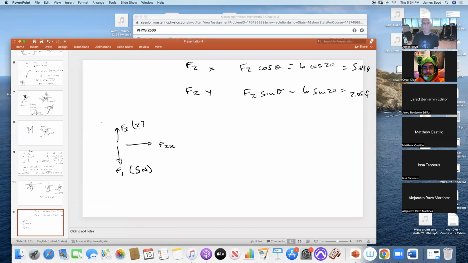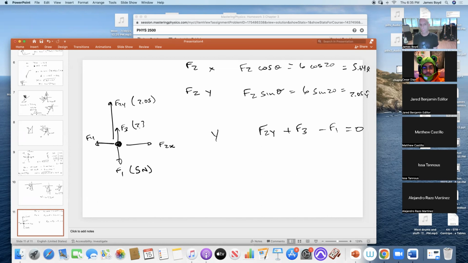F2 in the X points that way, and F2 in the Y points that way, and F2 in the Y was 2.05. And then we have F4. Now, in the Y direction, we have F2Y plus F3. These two vectors are positive because they point up. F1 is negative because it points down, and we're assuming that this thing will not move.